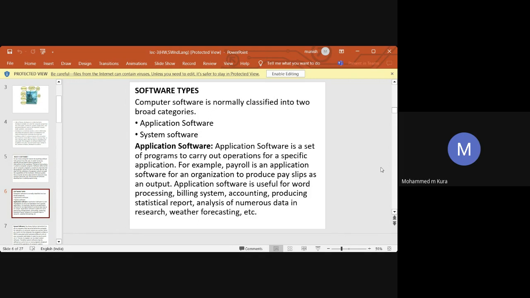Application software is a set of programs that allow the computer to perform a specific data processing job for the user. A system software package is a collection of programs designed to operate, control, and extend the processing capability of computers.